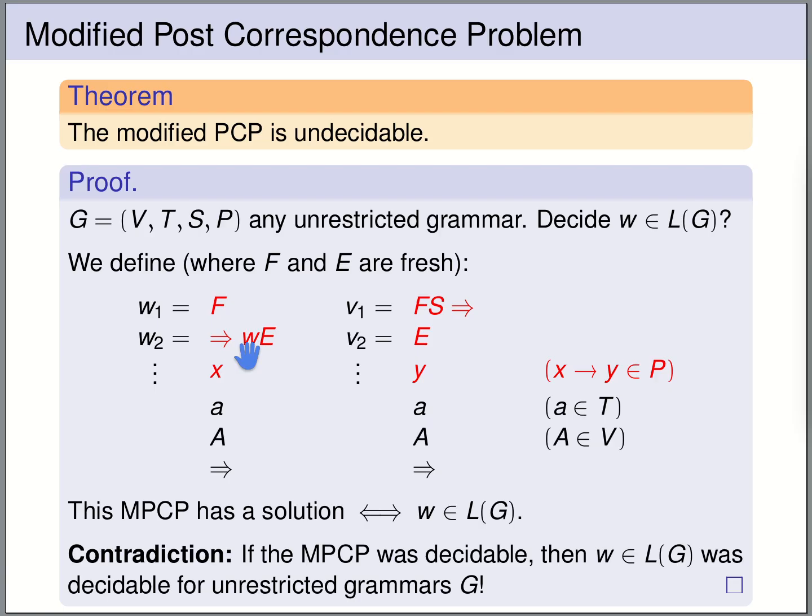So on the next slide we will see an example, and then it will become clear how this works. So for the moment you have to just believe that this property holds, and then we have a contradiction, because if the modified PCP would be decidable, then we could decide membership in an arbitrary unrestricted grammar, and that's not possible in general.